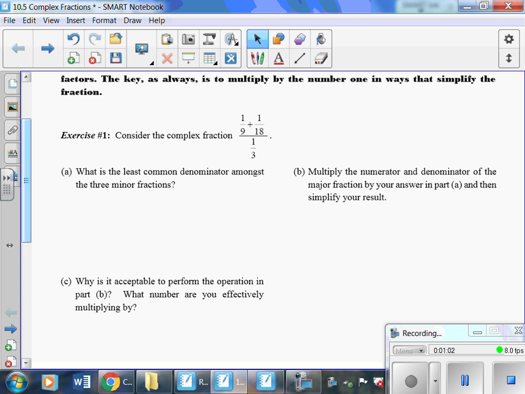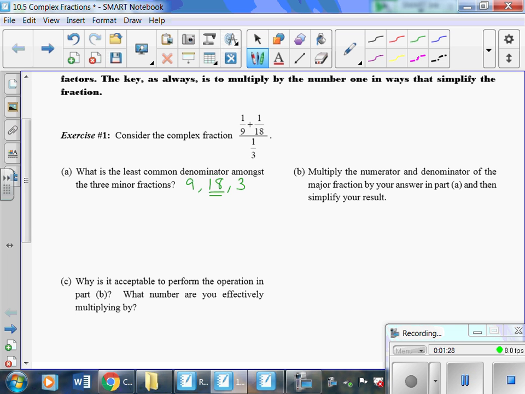Which number is the least common denominator between 9, 18, and 3? Just to remind ourselves, it's the least multiple that all three of them go into evenly. And the answer in this case is 18, since 3 and 9 both go into 18.